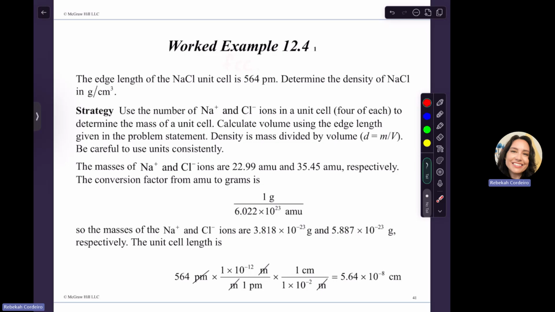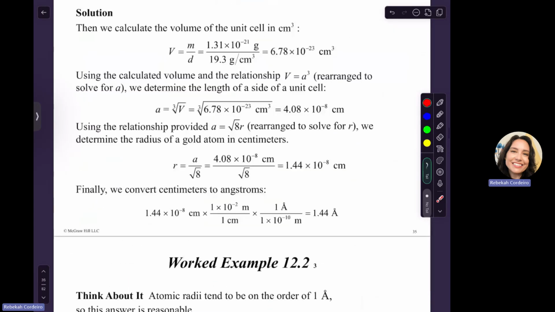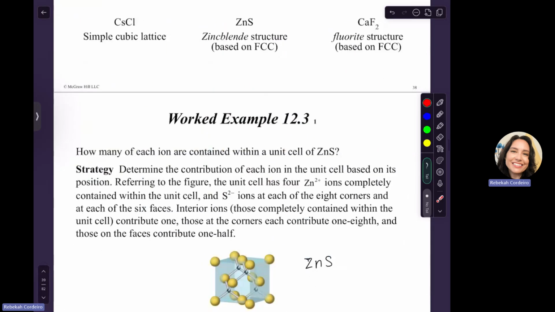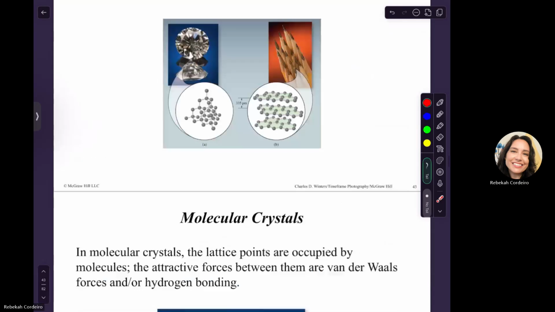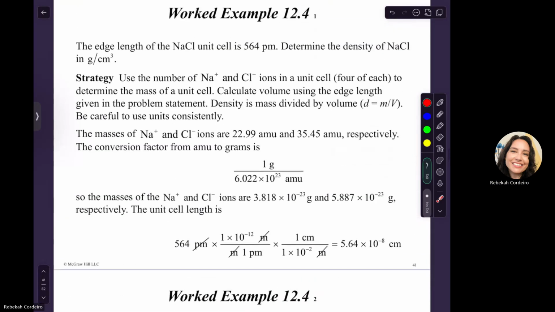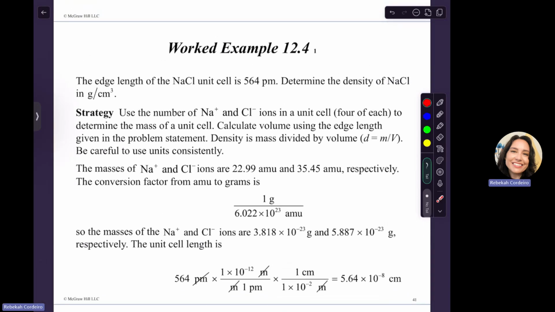So if we know there are 4 of each, we can determine the mass. Same way we did before. So we'll determine the mass using the same kind of formula as this one up here, right? Using the molar mass of the sodium, and then you would also do the chlorine separately.